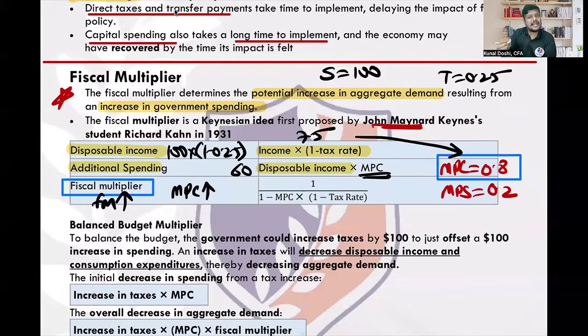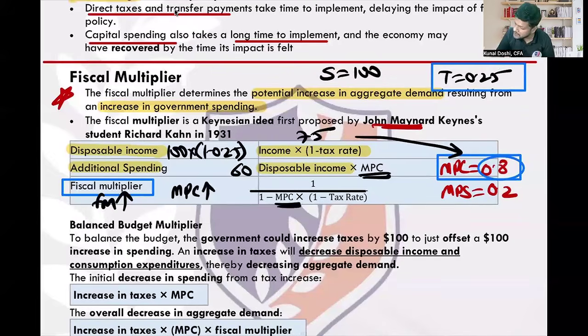Now, every dollar that I spend is the marginal propensity to consume times 1 minus the tax rate. So MPC times 1 minus tax rate, and based on this formula I will get a fiscal multiplier. I've given you the tax rate and the MPC, so can we calculate the fiscal multiplier?